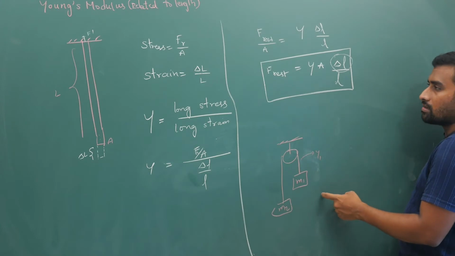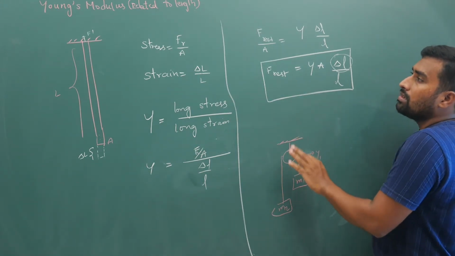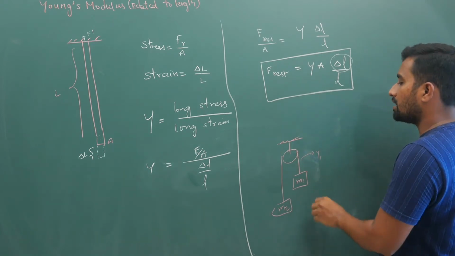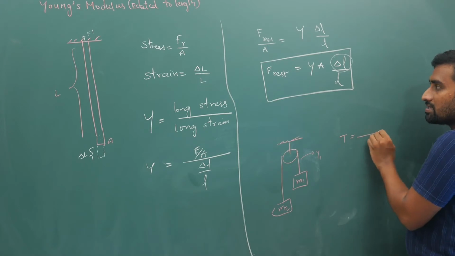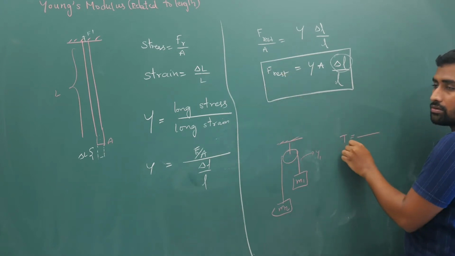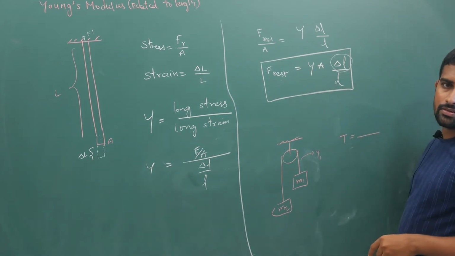I will talk about it later in the problem solving session separately. For now, Young's modulus is defined like this. You will be calculating tension in the string, where F is the tension, and some unknown quantity you are supposed to calculate.